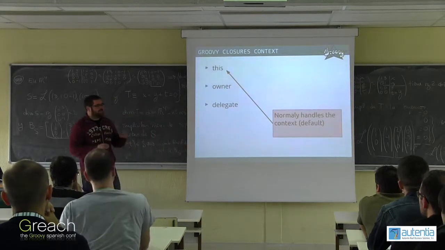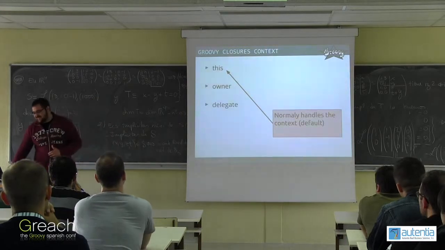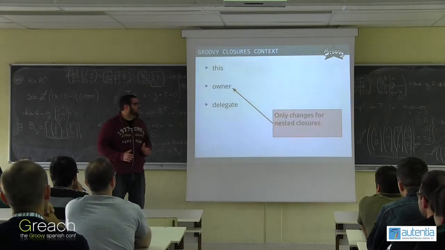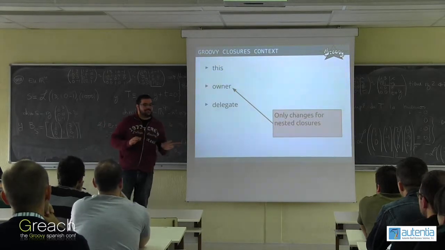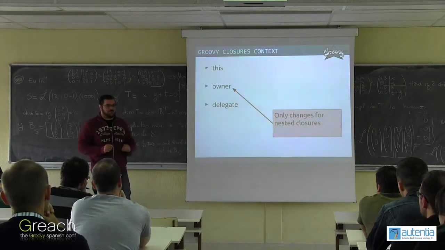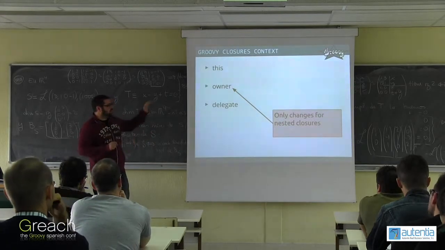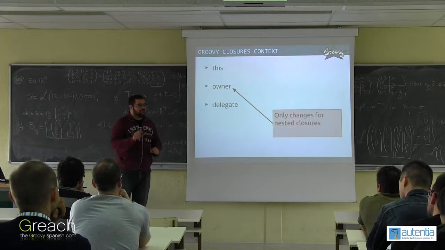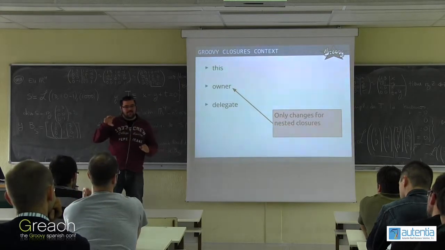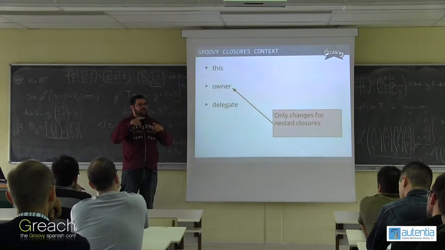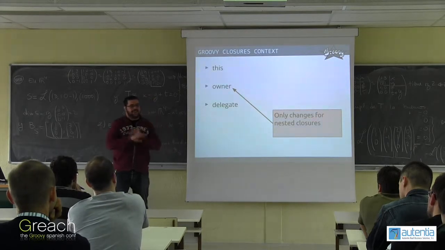But all right, this is what you expect. Owner only changes when there is a nested closure. I mean, if you have only one closure, this and owner are the same. But if there is a nested closure inside, owner is this of the parent. Well, it's a mess, okay?